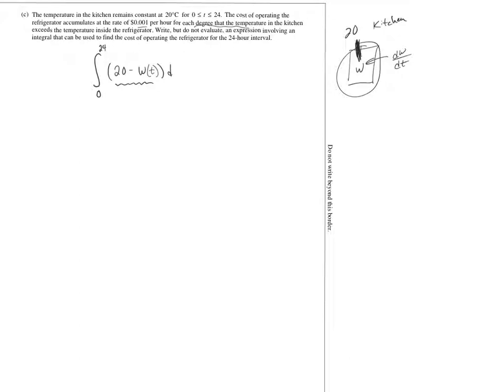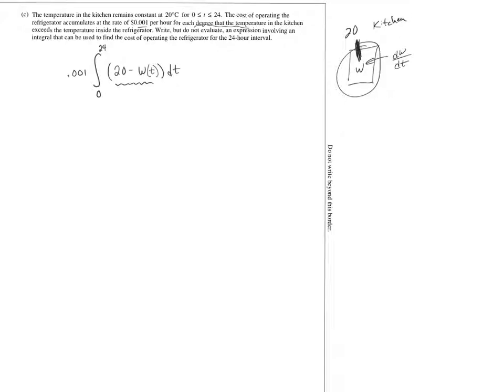So let's put a dt on this and put a 0.001 on the outside of that. Now all of those degrees of difference in temperature are going to be accumulating from 0 to 24 hours. Every infinitesimal discrepancy in the temperature between the kitchen and the inside of the fridge is going to be accounted for in that.